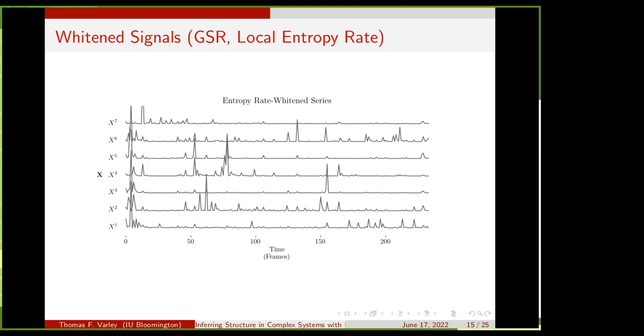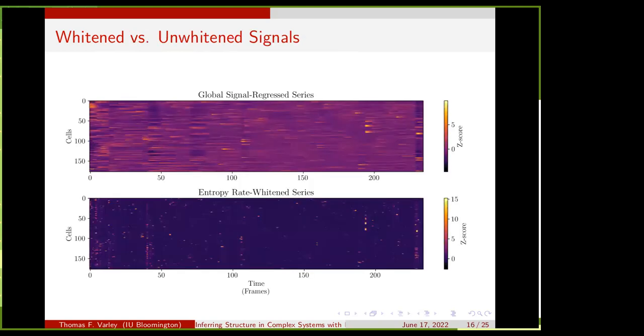Yeah. Same thing, same data set, just visualized a little bit differently. This is now a carpet plot. You can see that in the original global signal regressed series, everything is very smeared out, and it's hard to tell when things are synchronized and when they're independent. But after whitening, everything becomes a lot spikier.